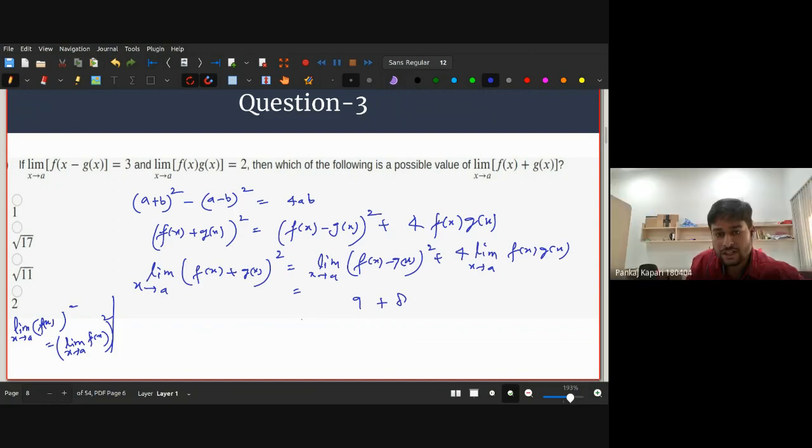So everything is 17, and therefore, because of the same proposition, that the limit of the square is the same as the square of the limit, we get that the limit of f(x) plus g(x) is just the square root of 17, right?